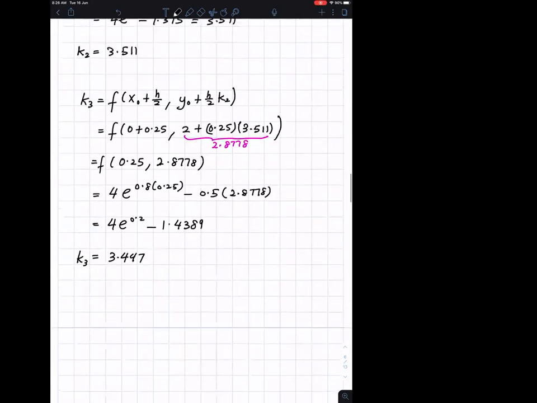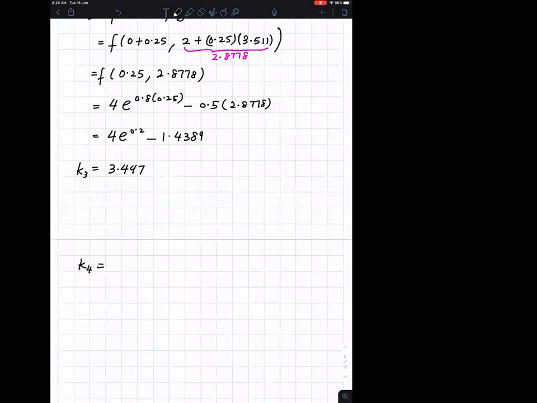Similarly, you have to go ahead and calculate K4. Any questions so far? Any question? No, sir. All right, thank you. So the last one is K4, which is X naught plus H. The last one is different: it is the initial point plus the step size.